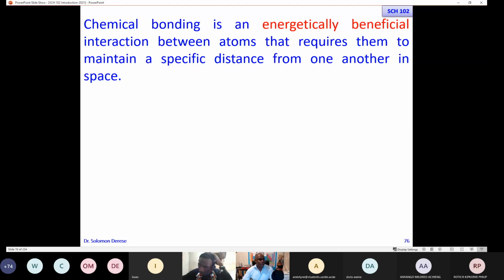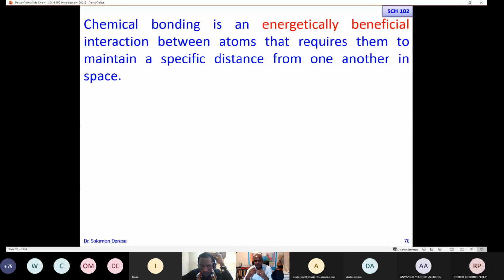Like the two hydrogen atoms in hydrogen, they will remain glued to each other. They will bond to each other as a result of their electrons, and when they form this chemical bond, they will keep a certain distance from one another.